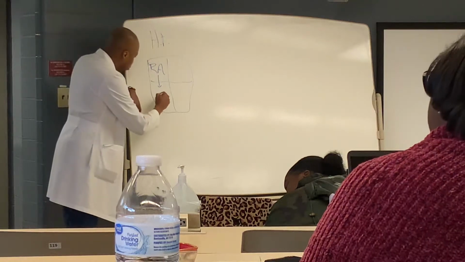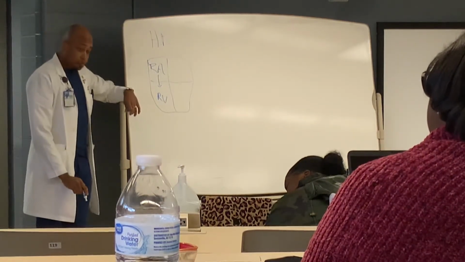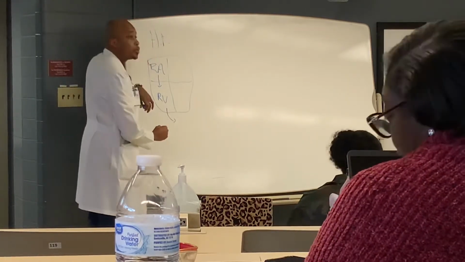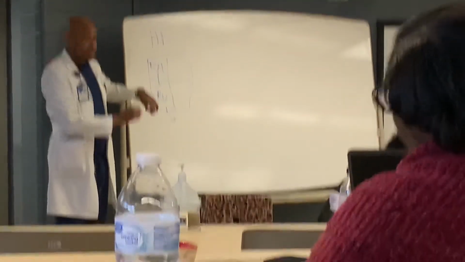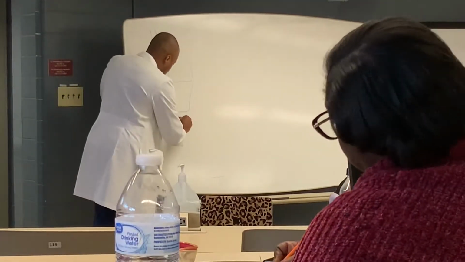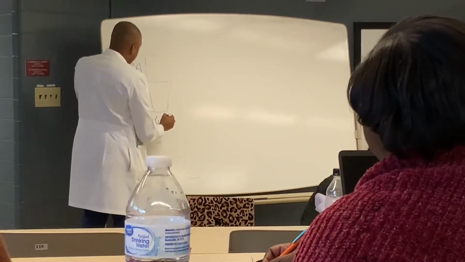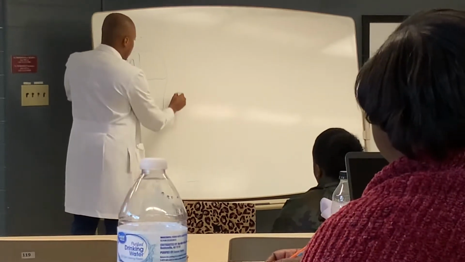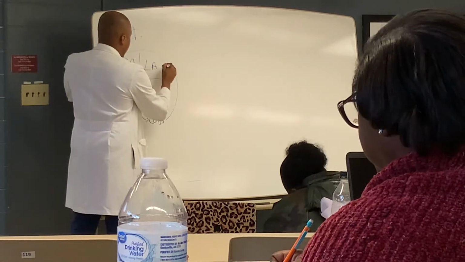Right ventricle. Okay? From the right ventricle, it goes where? Pulmonary to where? Lungs. Okay? From the lungs, it goes where? That atrium.